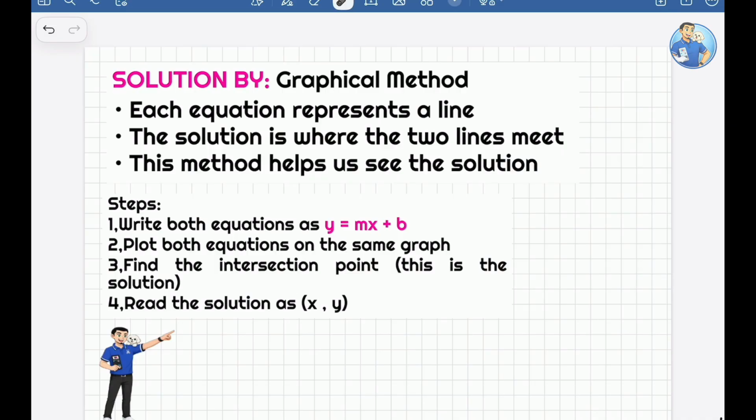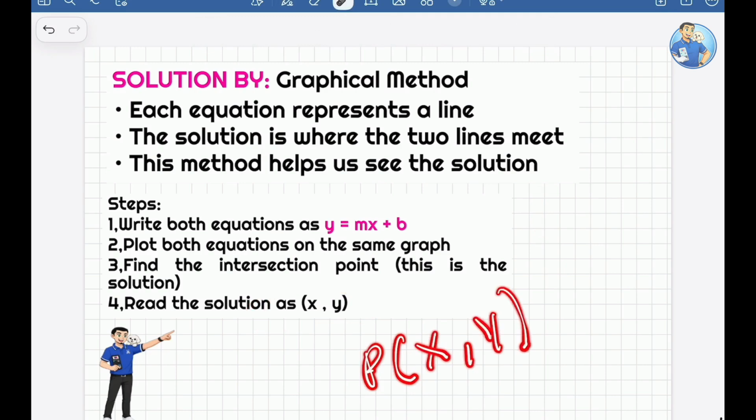We're going to have 2 lines, and the point at which the 2 lines intersect, or join together, that point would be the solution. And remember, a point always has coordinates x and y.